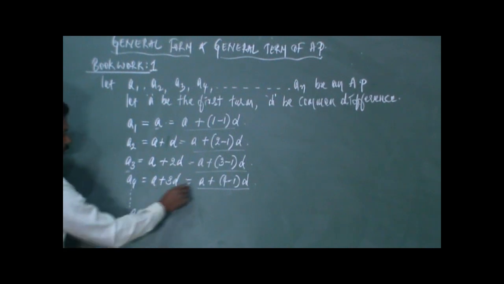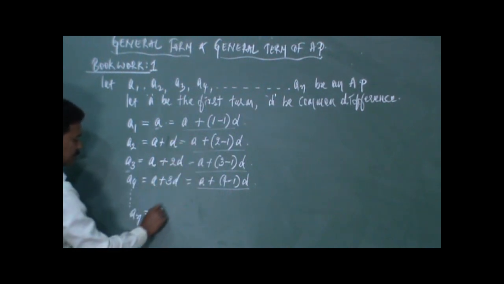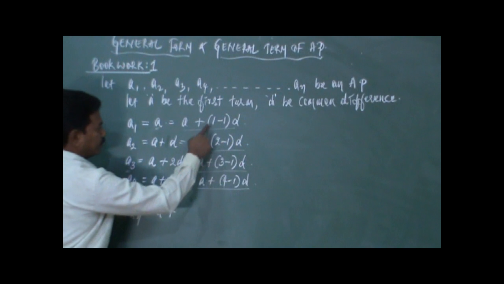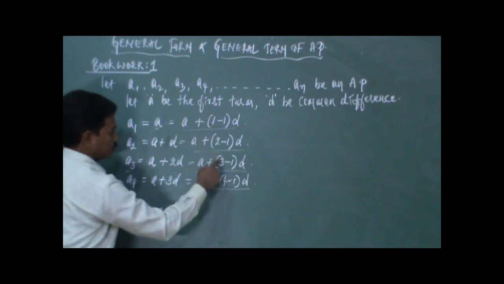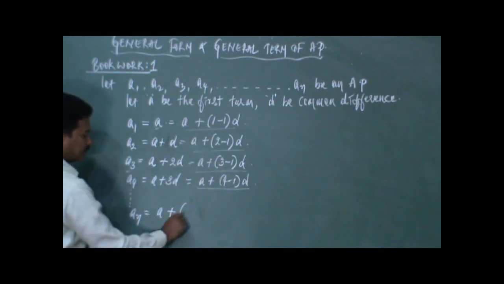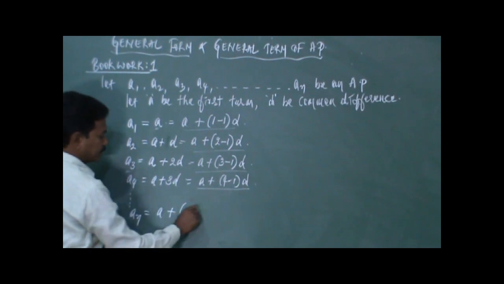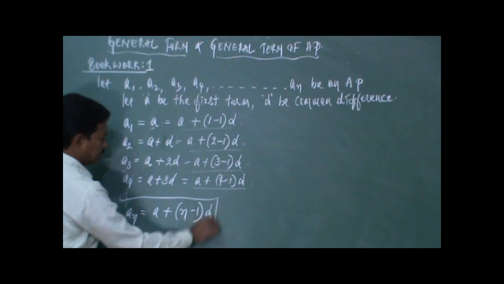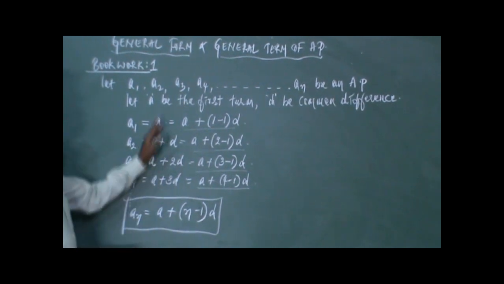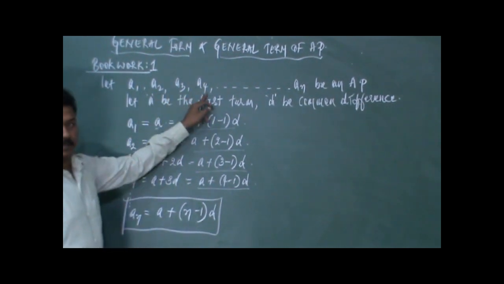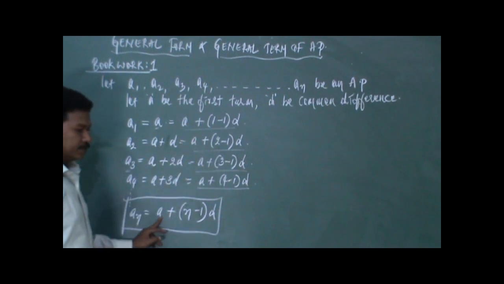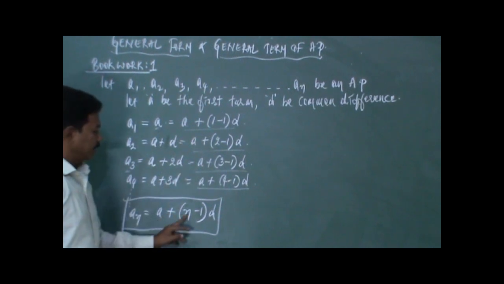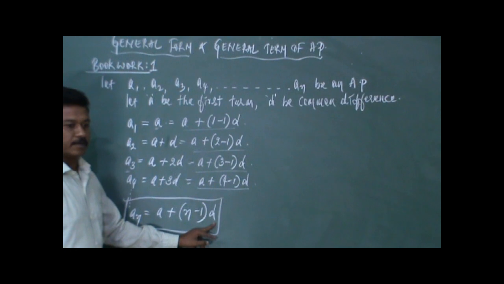So a repeats, a plus, what is this here? 1, 2, 3, 4, they are natural numbers. I am going to write n minus 1 continuous and d continuous. So if you want the nth term of an AP, to the first term of that AP you have to add n minus 1 times the common difference.